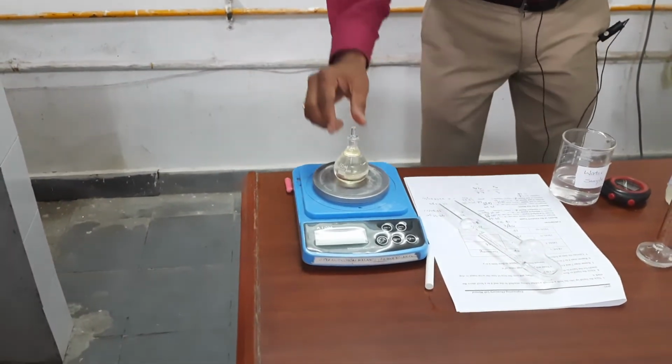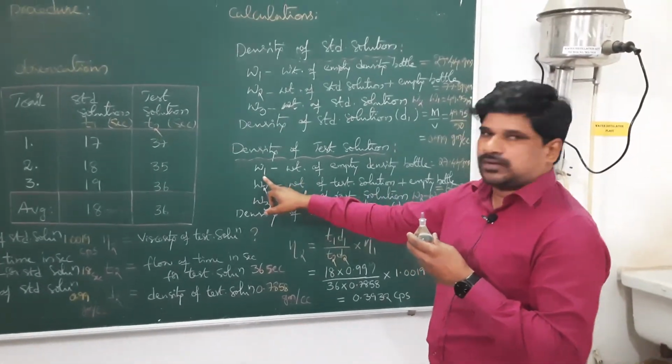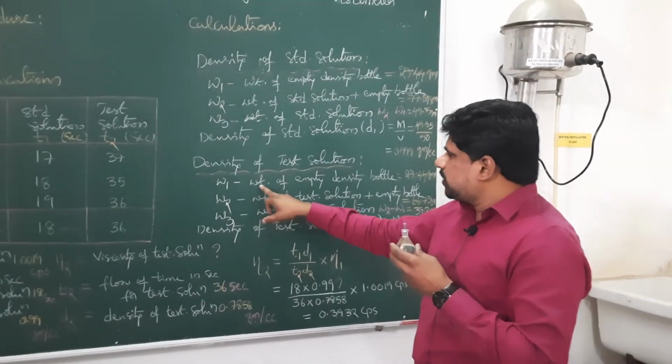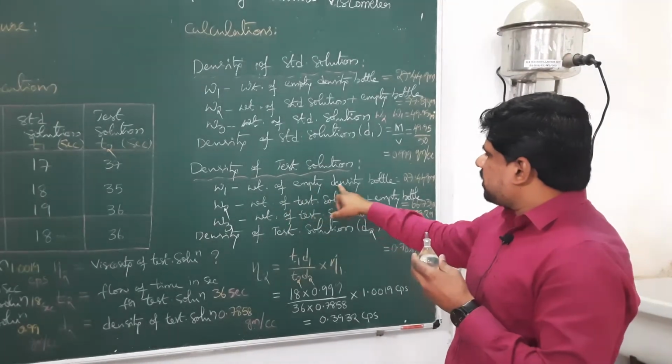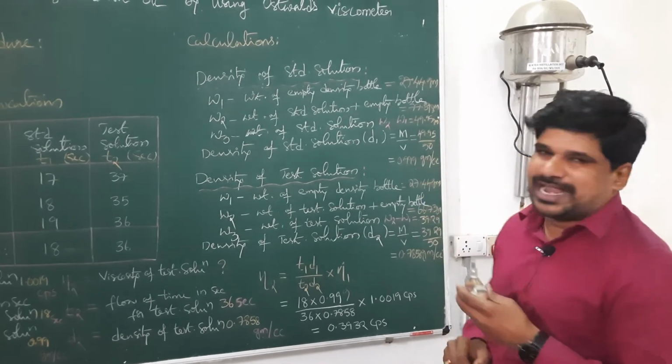So, the empty bottle weight I am writing as W1. W1 is equal to the weight of the empty bottle, equal to 27.44 grams.